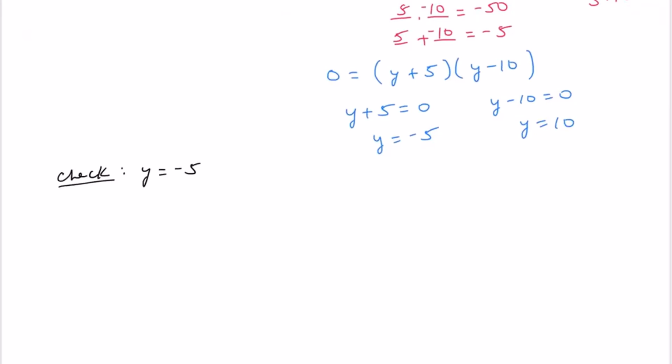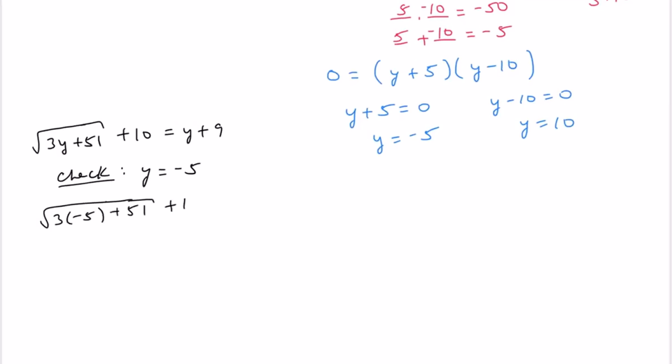Now, our equation was the square root of 3y plus 51, plus 10, is equal to y plus 9. So we have the square root of 3 times negative 5 plus 51, plus 10. Is this equal to negative 5 plus 9?